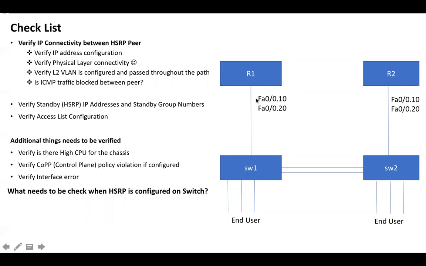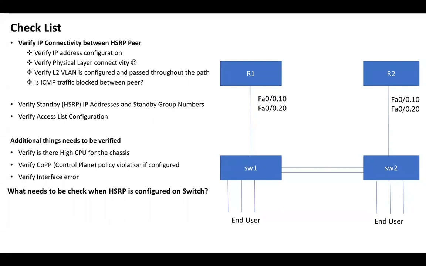So we have to verify access list configuration, where we have to make sure that we are not filtering HSRP multicast address 224.0.0.2 or 102, as well as we are not filtering UDP port number 1985 between R1 and R2 on this particular subinterface. Okay, at this point, your HSRP should work as expected.